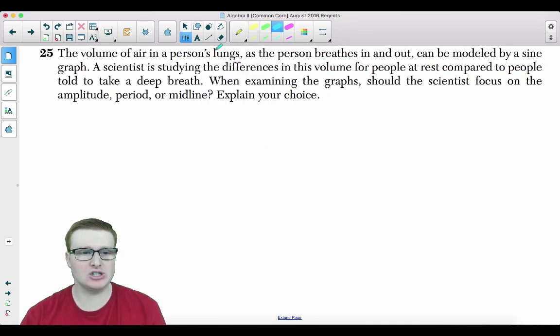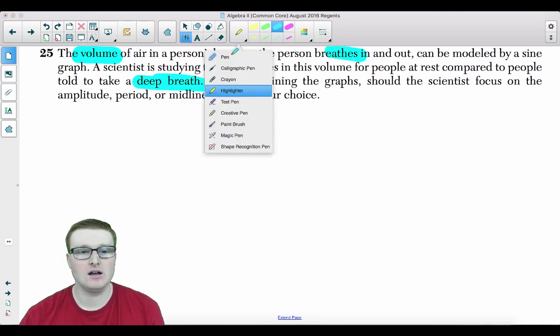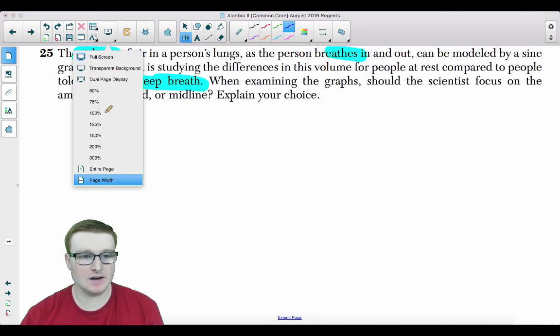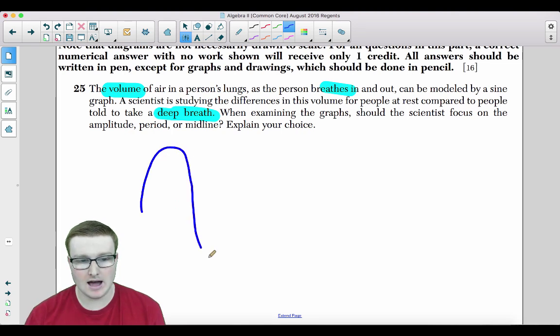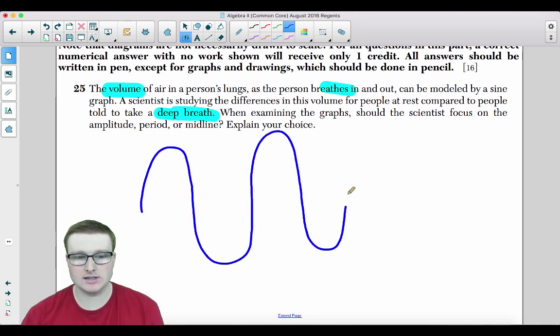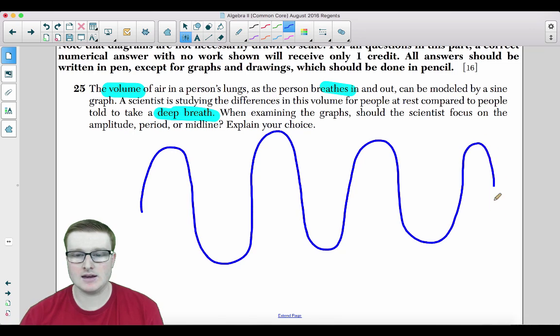You have to understand that volume means the amount of space in the lung. So they are taking a deep breath and they're breathing in and out. Of course, it's modeled by a sine function because they're breathing in, out, in, out.